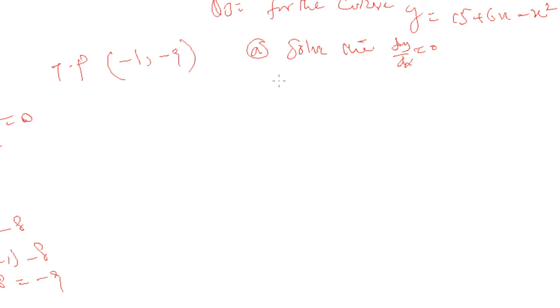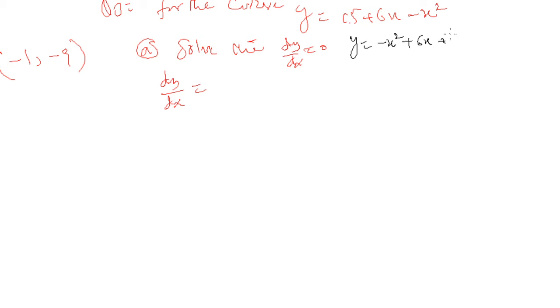Now very simple. First of all, find dy dx. One instruction to all my students: I always say to them, first arrange the question in order. This is not in order, so bring it to order. Y is equal to minus x square plus 6x plus 15.